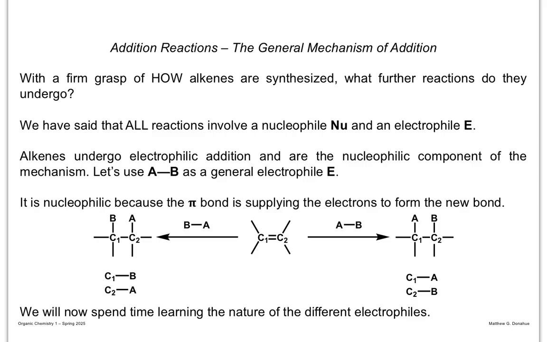We saw the strength of the total double bond, that the pi bond was weaker than the sigma bond of those 2. So in this next run of reactions here, we're looking at a pi bond acting as a nucleophile.